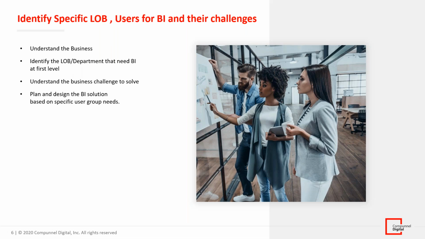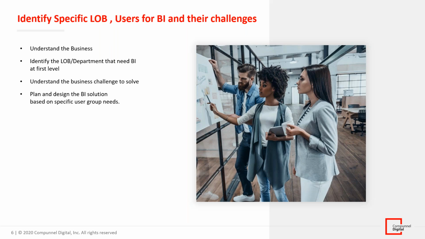For example, we have a marketing team, a sales team, a finance or HR team. For that matter, we have a production engineering team, or there are many teams within any organization. So it is our job to identify who gets the most advantage. Maybe we will get the most advantage with the BI solution. So we have to identify such a LOB here. LOB means a line of business or the department.